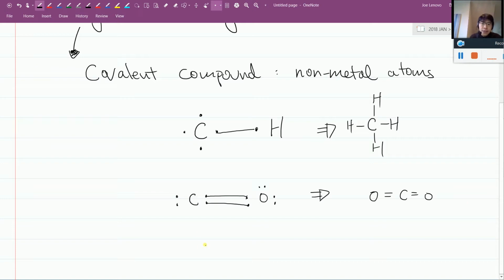Then in certain situations, you will find that carbon can form a triple bond as well, like with nitrogen. Nitrogen has 5 valence electrons, and carbon has 4.